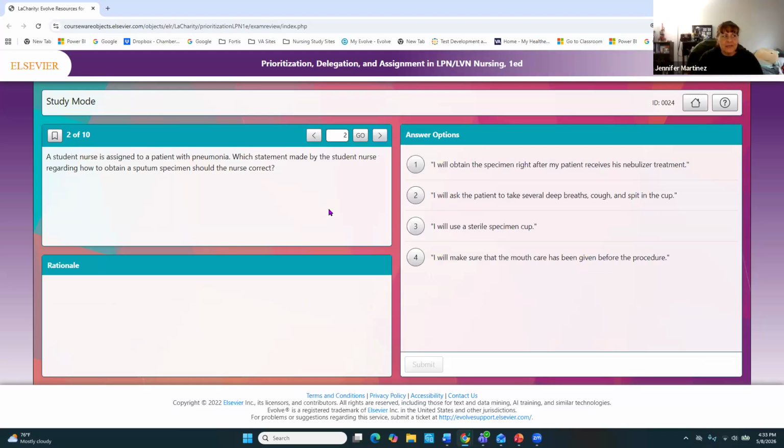All right, next one. A student nurse is assigned to a patient with pneumonia.